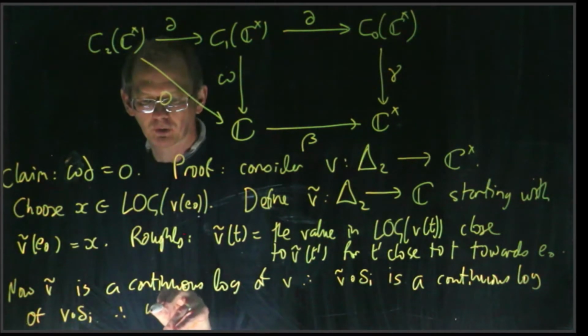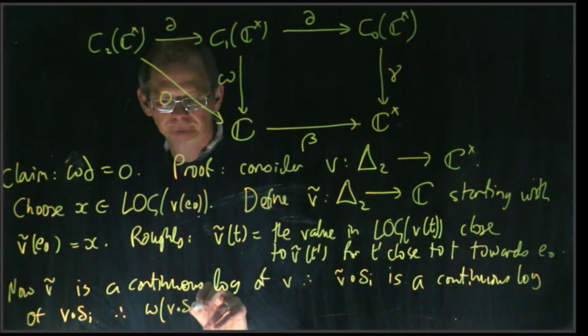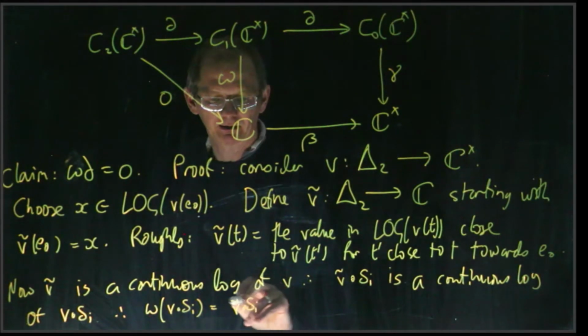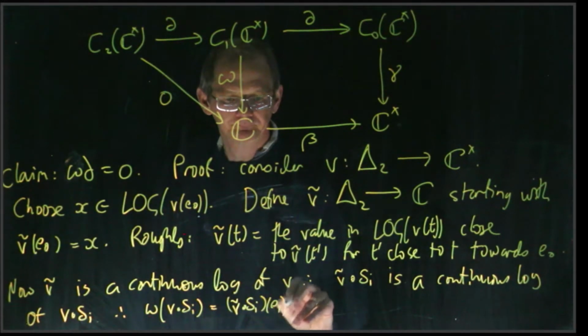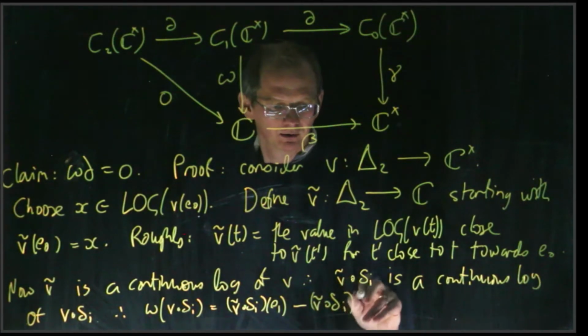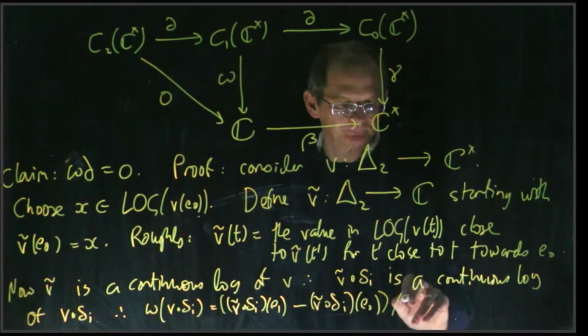And therefore omega of v composed with delta i is v tilde composed with delta i of e1 minus v tilde composed with delta i of e0, all divided by 2 pi i.